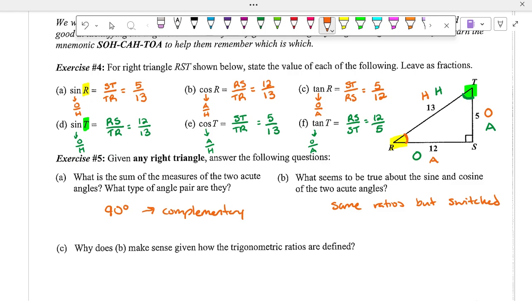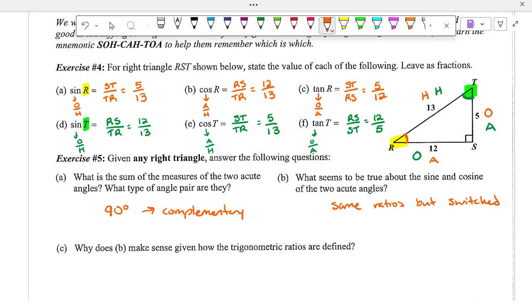Now, why do you think that makes sense given how the ratios are defined? So first off, wouldn't the hypotenuse stay the same for both? That won't change, right? The hypotenuse doesn't change. The only thing that changes is opposite and adjacent, which, you only have two sides to play with that.